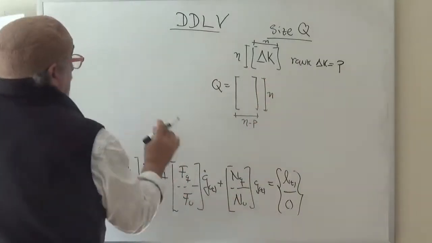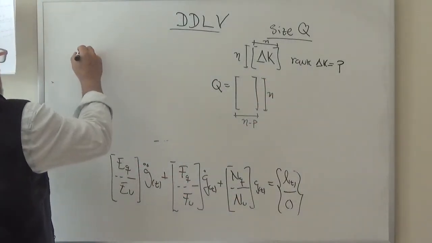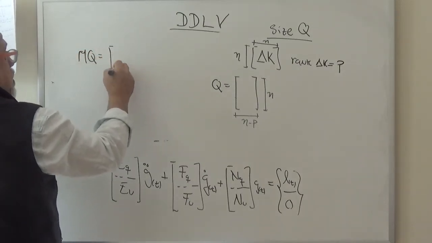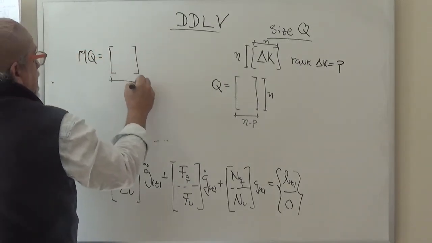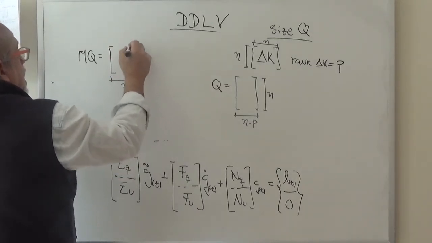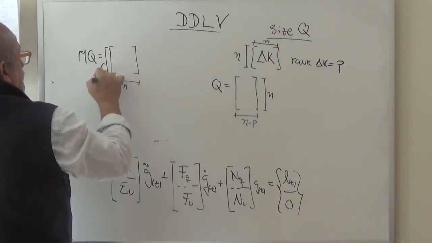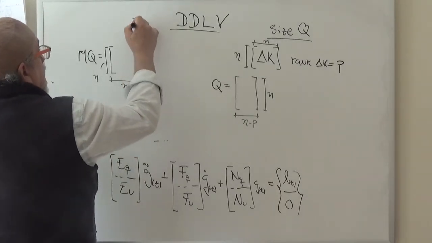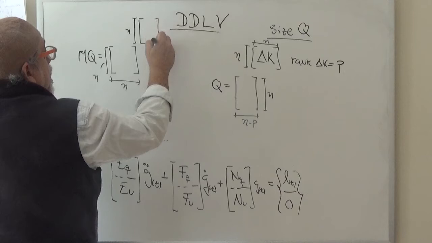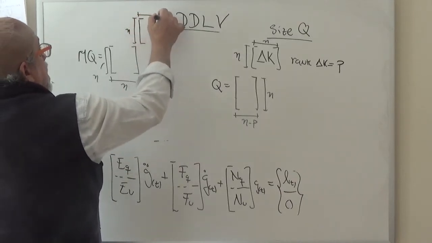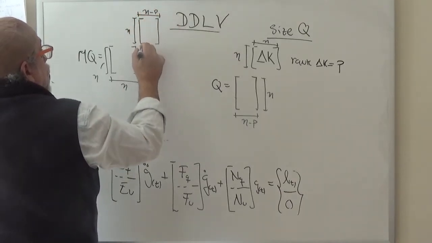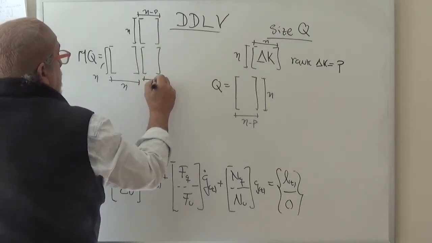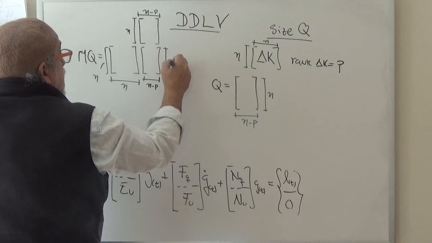Now, when we multiplied any one of these matrices, for example the matrix M times the matrix Q, we were multiplying a matrix that was N by N times the null space matrix, which was N by N minus P. So what we got as an output was N minus P by N, right?